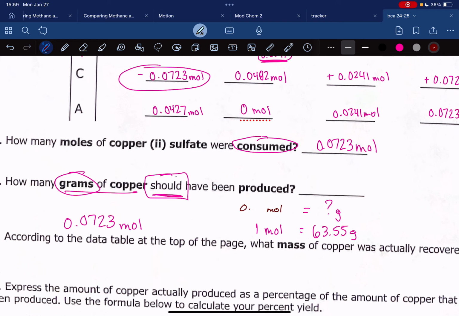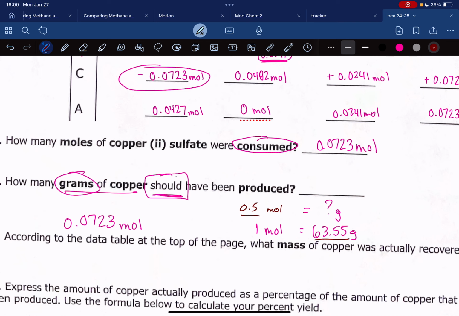Let's try it with a number that's smaller than 1 to see if this keeps working. How about 0.5? 0.5 is half of a mole. And so maybe you would take your calculator and punch in 63.55 divided by 2, because you know that 0.5 is half of 1. But instead of dividing by 2, couldn't you also multiply by 0.5? Try it on your calculator. 63.55 times 0.5.